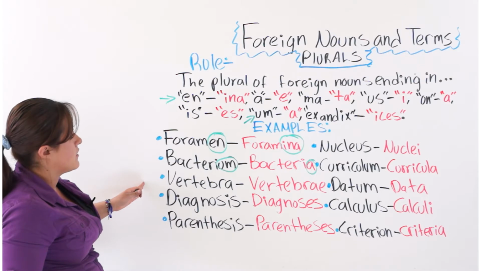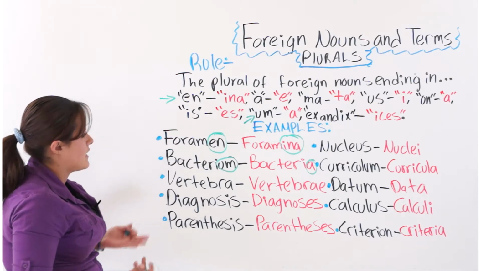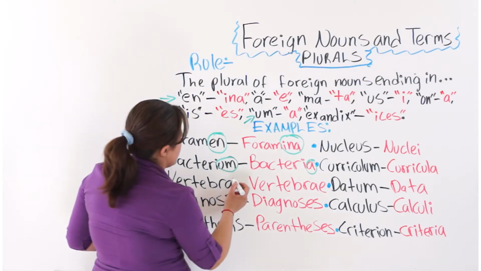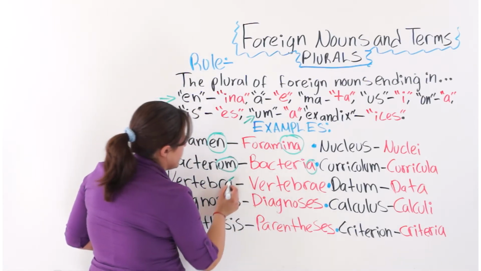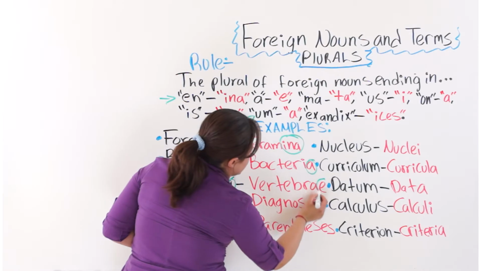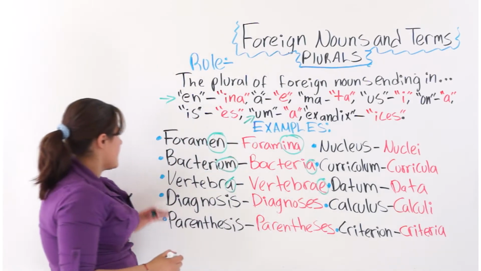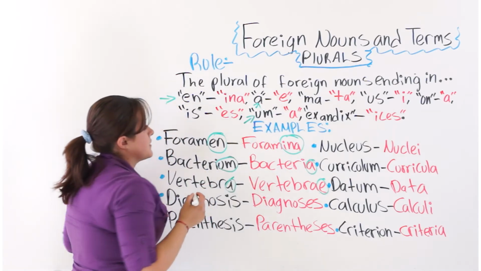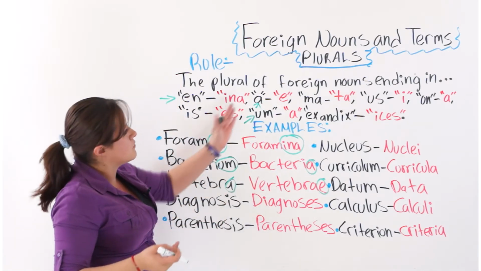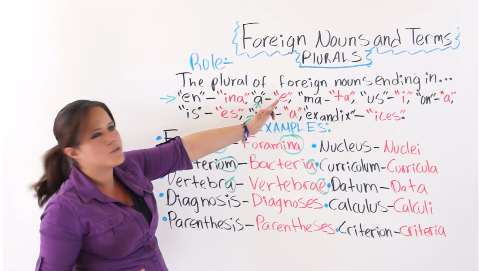As you can see here, it ends in a. So the a will be added an e. It will not be replaced, but you will add an e to it, as in this rule. But that is an exception, that you will not replace the a but add an e to it.